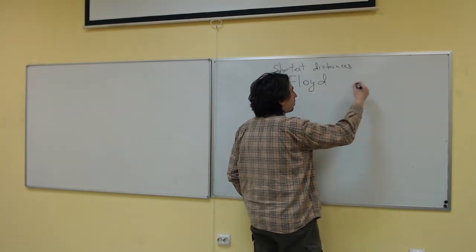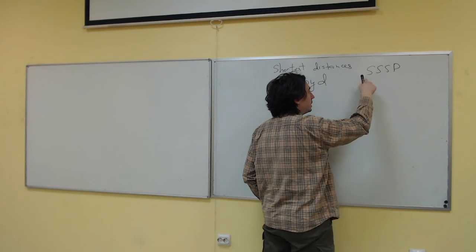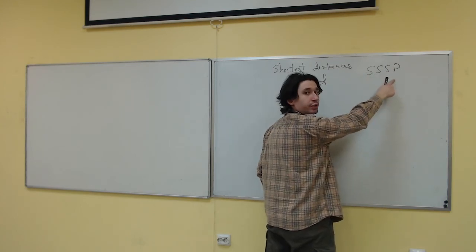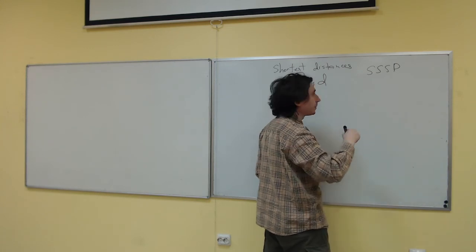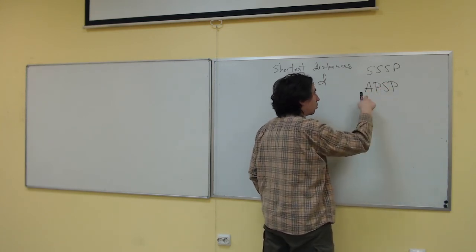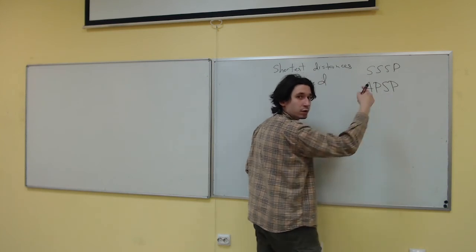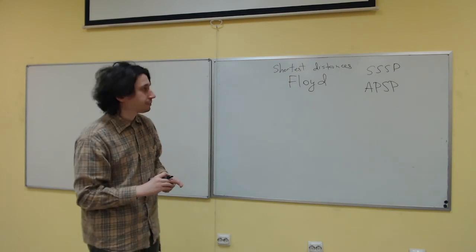The previous problems were SSSP, single source shortest path, which means that there is only one vertex from which we want to calculate. And this one is APSP, all pairs shortest path. So we want to calculate for each pair of vertices the distance between them.